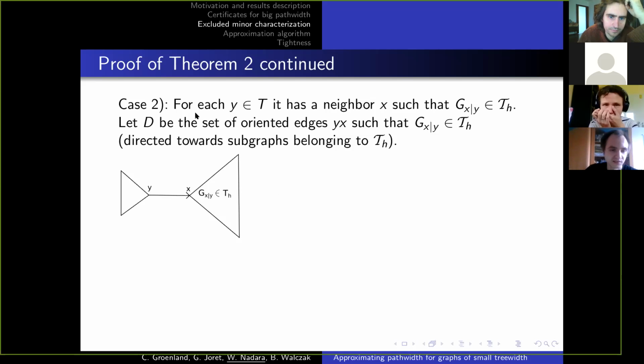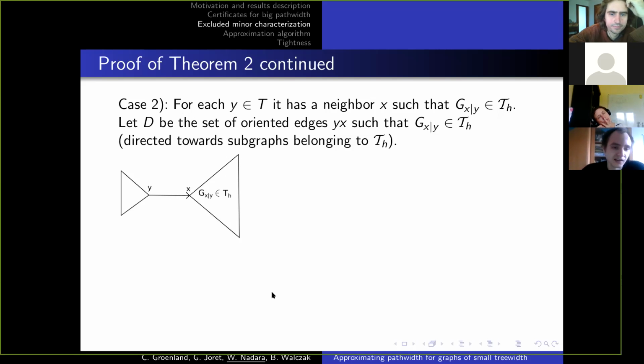So the correct description of this case is that for each vertex y, it has a neighbor x such that the graph in that part is big. It belongs to TH.